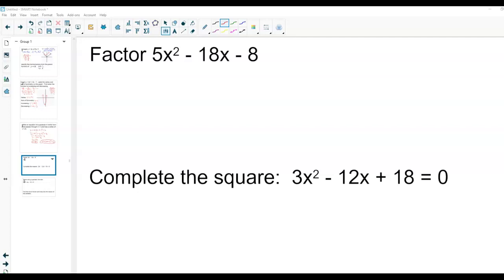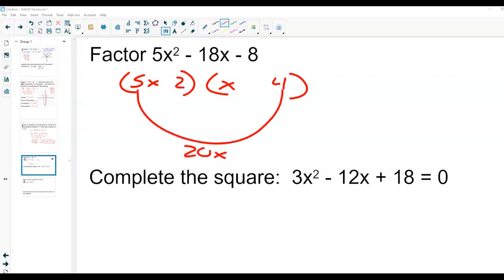Factoring. There's no equal 0. We're just factoring. My advice, 5 is the easier number to work with. So I am going to put 5x and x in the first 2 spots in my first 2 parentheses. My factors of 8, 4 and 2, 1 and 8. I put the 4 here and the 2 here. That gets me to 8.